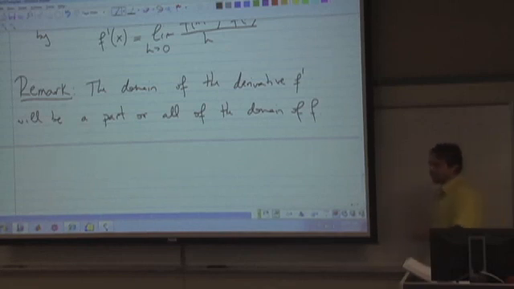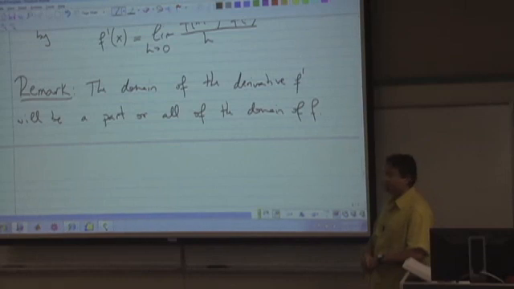What I'm basically trying to say is that the domain of f prime cannot be larger than the domain of f, number one. Does that make sense?